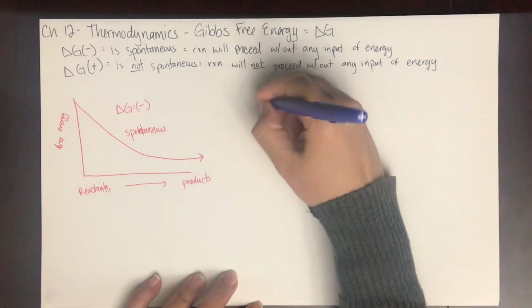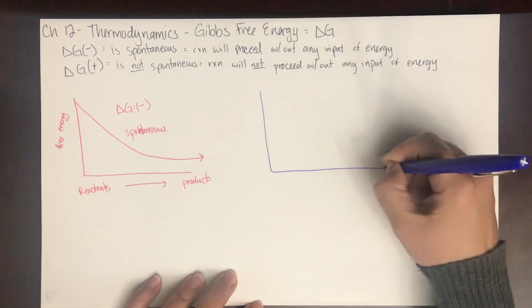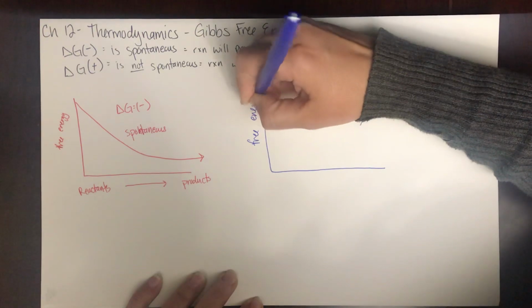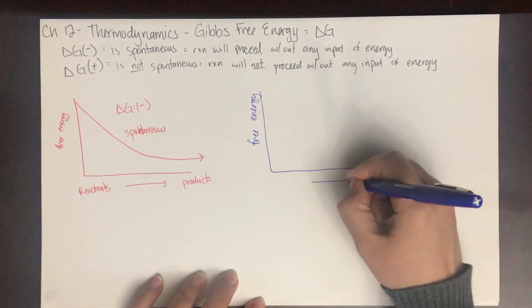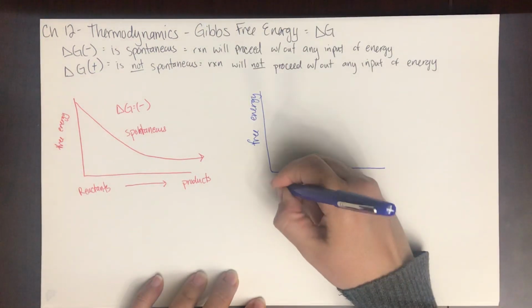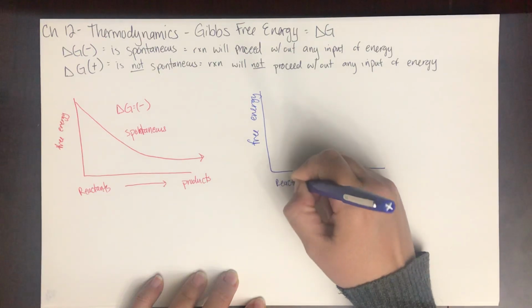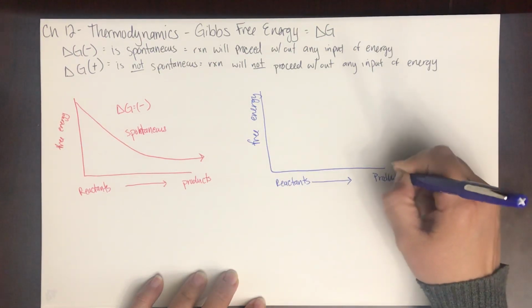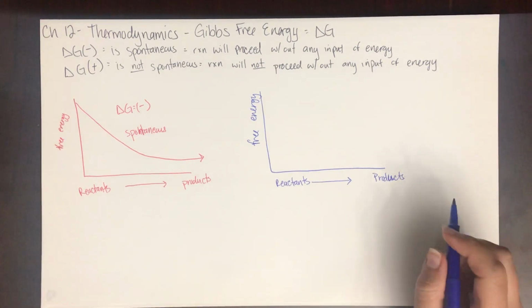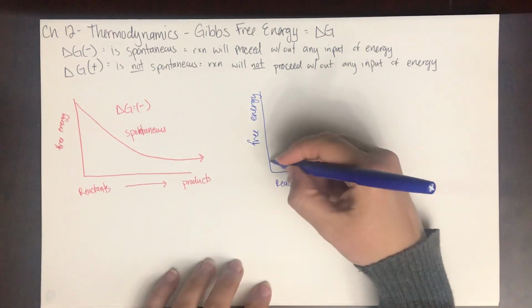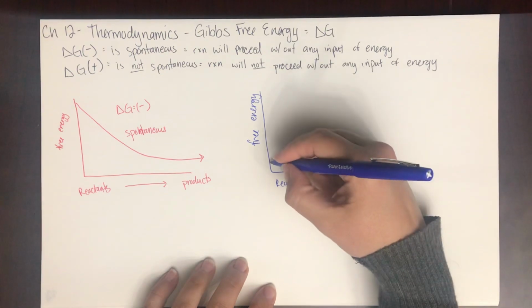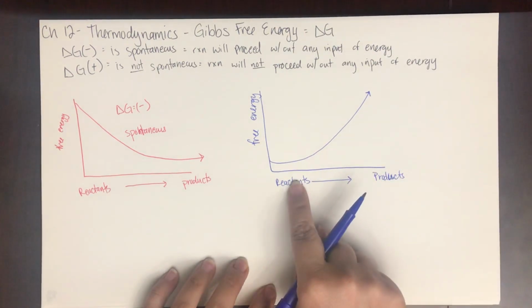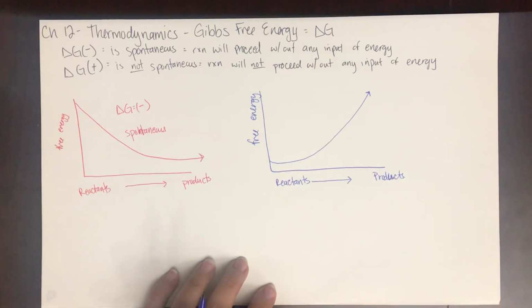Conversely, if we do the same thing, free energy, and then the progress of the reaction, reactants, products. A non-spontaneous reaction would look something like this, where here's the energy of the reactants, here's the energy of the products.